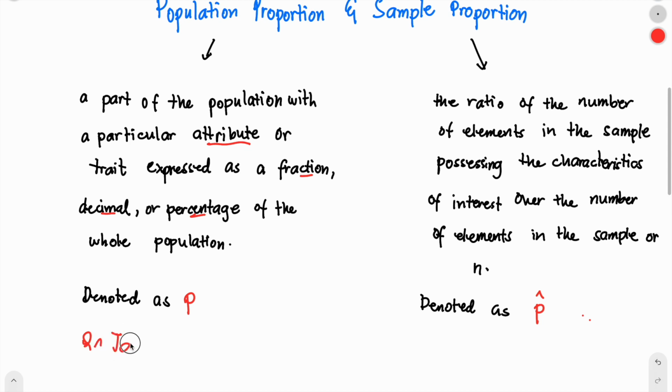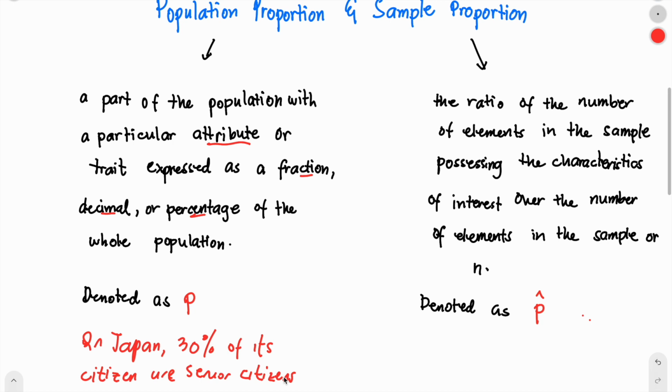In Japan, 30% of its citizens are senior citizens.